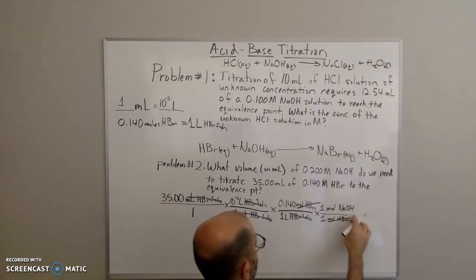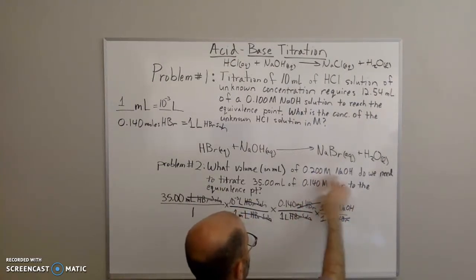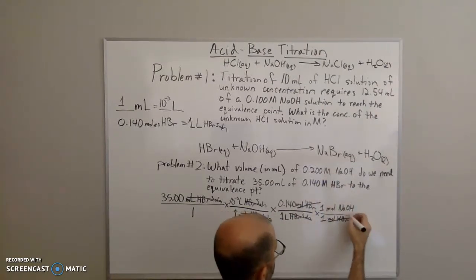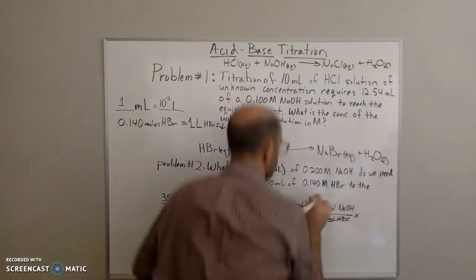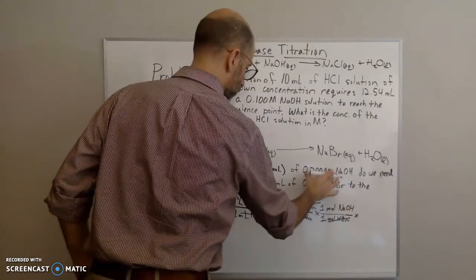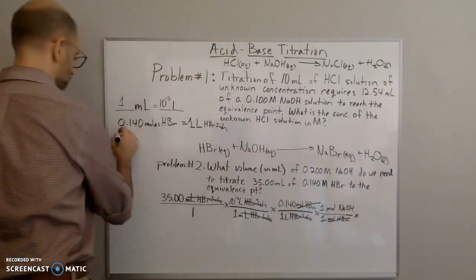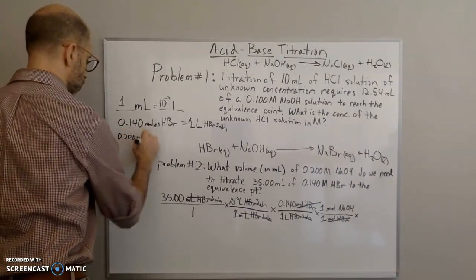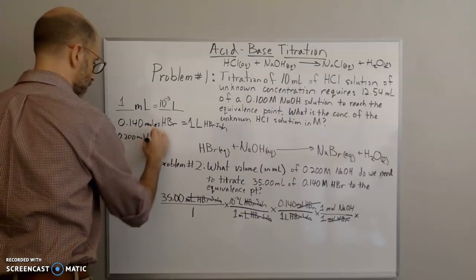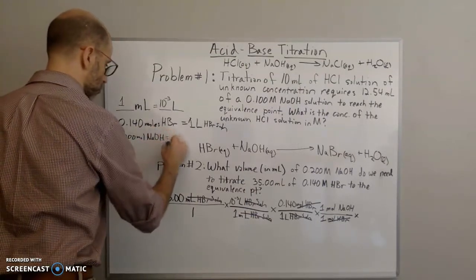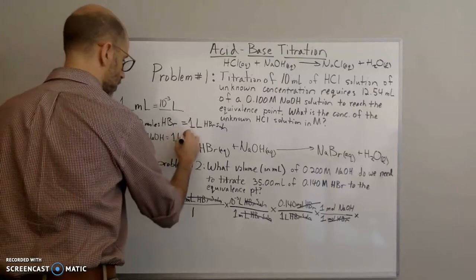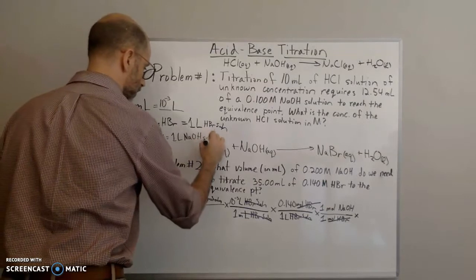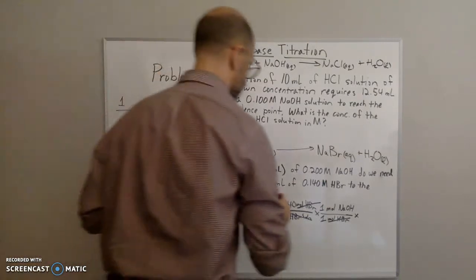So now I can use my molarity as a conversion to go from moles to liters. You can see here that for my NaOH, 0.200 moles of the NaOH is equal to 1 liter of the NaOH solution. So I can now use that as a conversion factor.